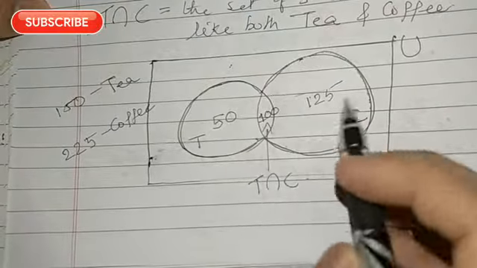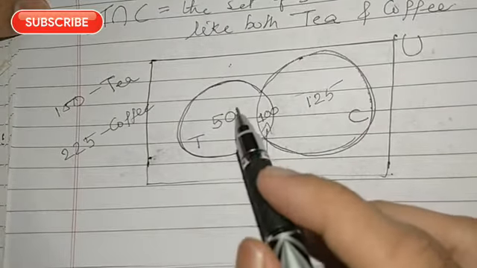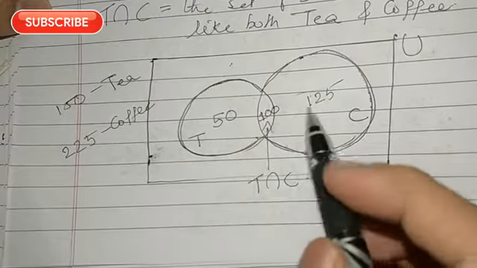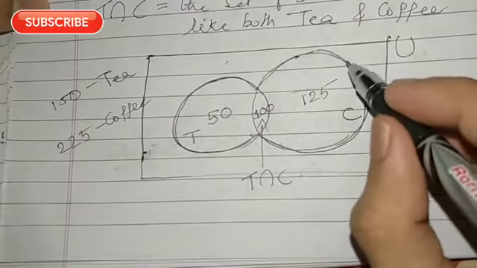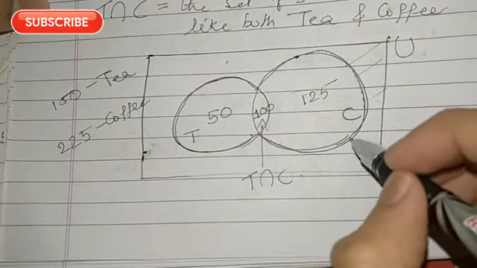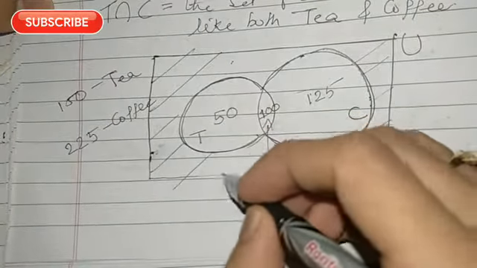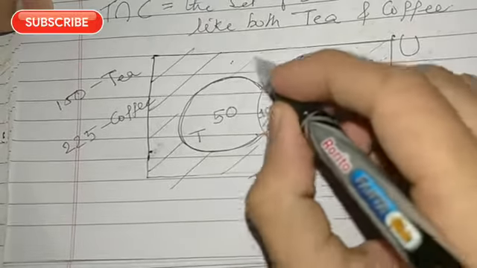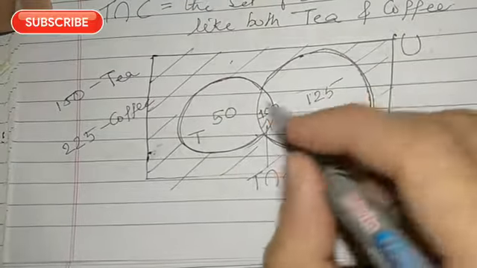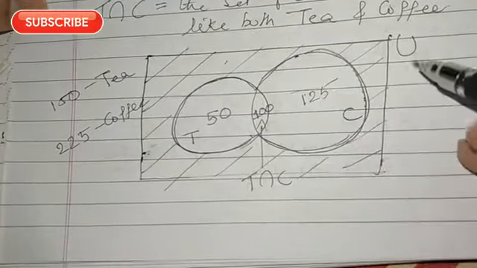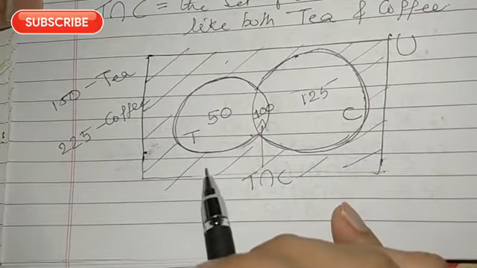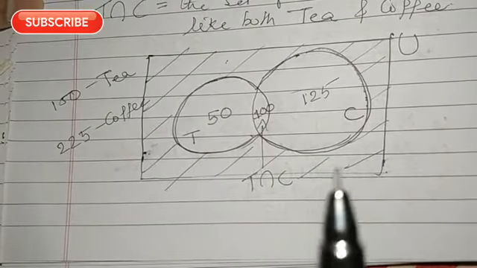They like either tea or coffee. Now if the students like neither tea nor coffee, the student will be outside the set T union C. This is the set T union C. Outside the set T union C, you will get students who like neither tea nor coffee, right?